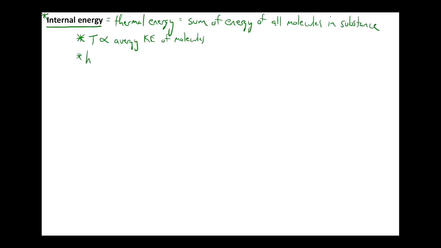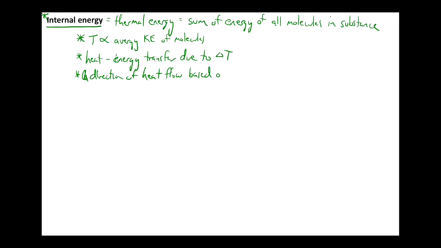We know that heat is an energy transfer. Just to pull everything together here at once. And we should point out also that the direction of heat flow is based only on the temperature, not the internal energy.